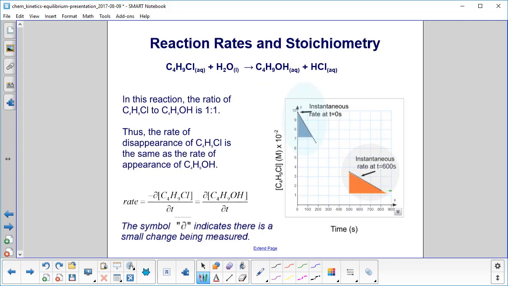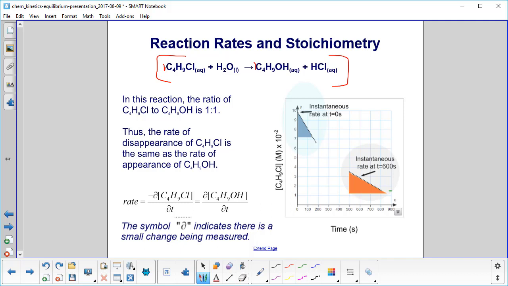Let's bring in stoichiometry. In this reaction, the one we've been dealing with, the ratio of butyl chloride to butanol is 1:1. Why? Because each one of them has a 1 assumed in front of them. 1 mole of the butyl chloride, 1 mole of butanol.